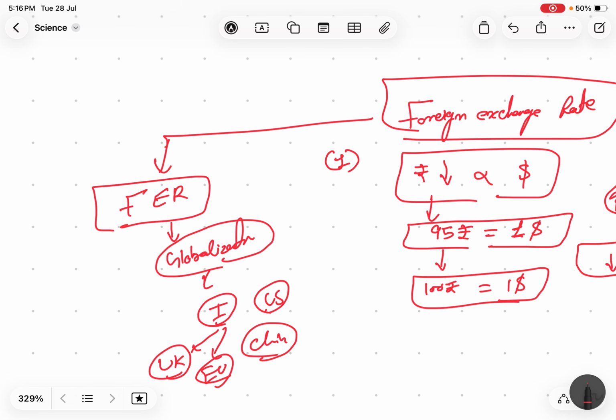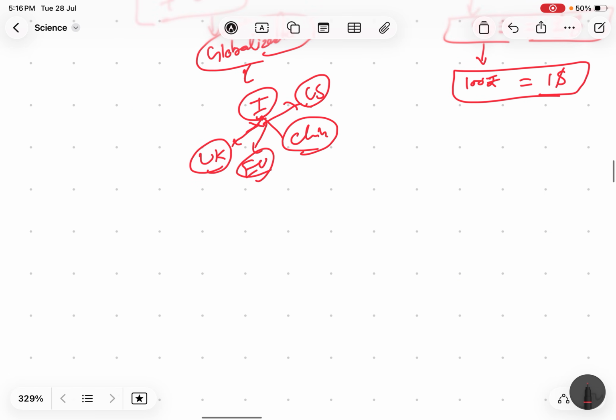There is this interconnected web through which we manage the financial flow of currency. I'm just trying to tell you why the foreign exchange rate is very important, to make a balance between the currencies and between the economies. That's why it's very important to have a foreign exchange rate.